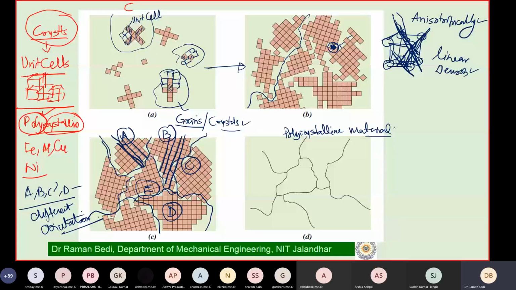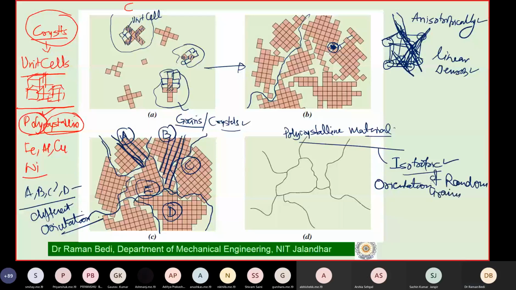What happens in the case of a polycrystalline material? A polycrystalline material will normally be isotropic. It will be isotropic because the orientation of the grains happens to be random. So this orientation of grains is random. They are randomly oriented.